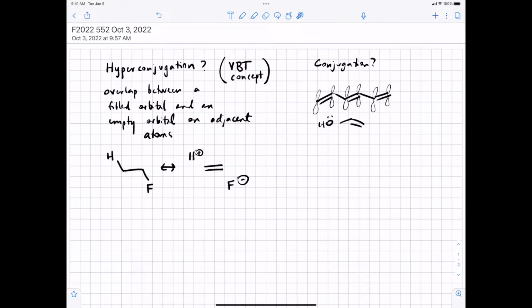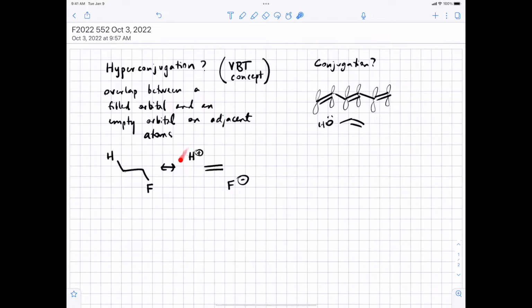Even though, as far as resonance structures go, if you're TAing a sophomore organic class for undergrads, and they draw something like this, you're likely to tell them that is a minor contributor. Don't bother drawing that resonance structure, right?